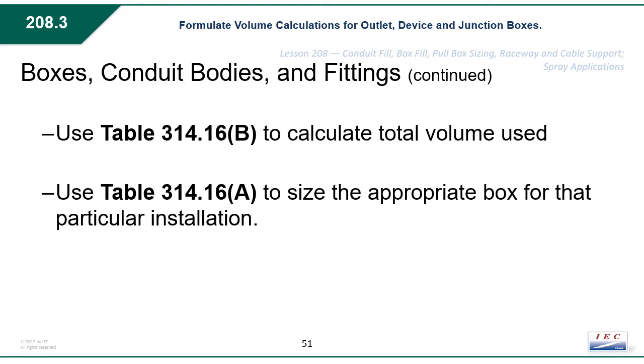Once I've determined my total cubic volume to be used up in a box, I need to make sure that I have the appropriate box for that particular installation. So then I go to table 314.16a to size the appropriate box based on the total cubic inches.